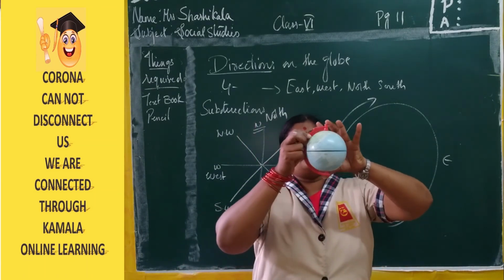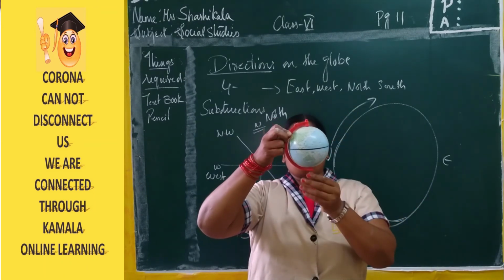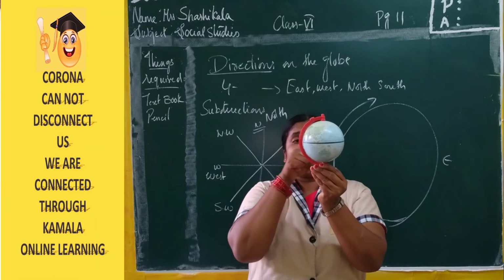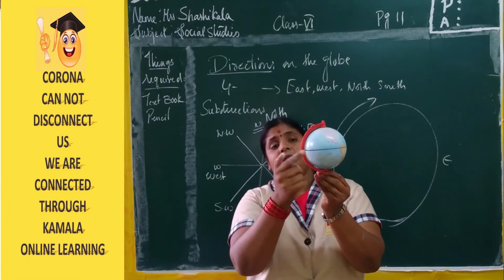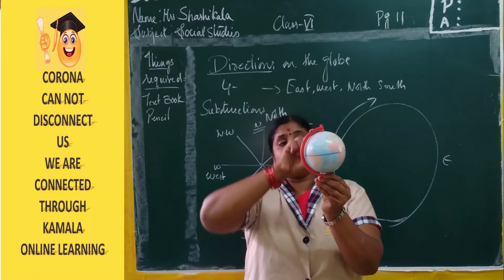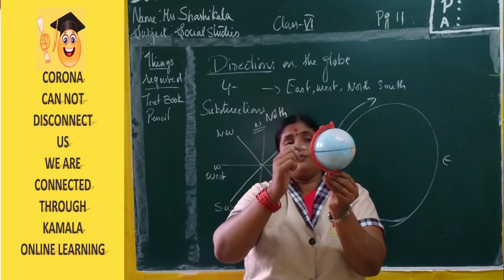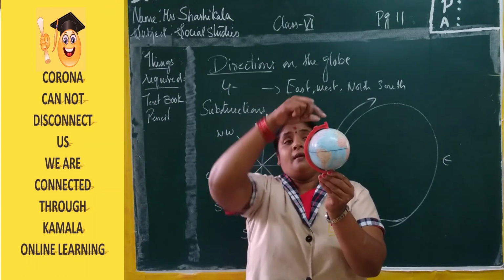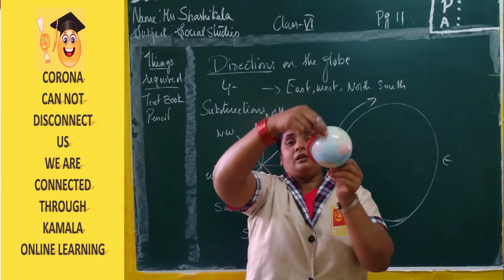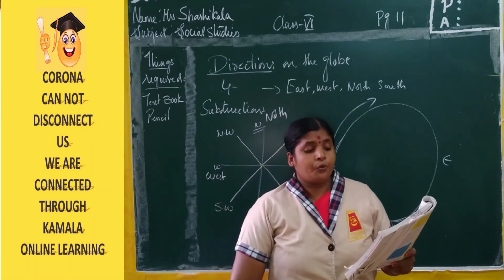It is the north direction and it is the south, and this is the east, and the opposite of the east is west. When we rotate it, we can see the west side coming to the east, and again the east going to the west. Only the east and west are rotating, but the north stays like this. It can't go.